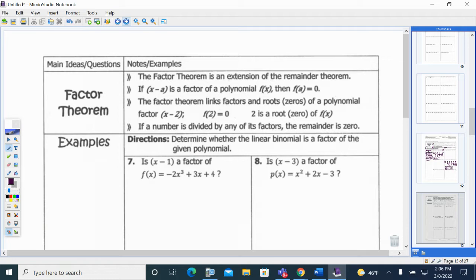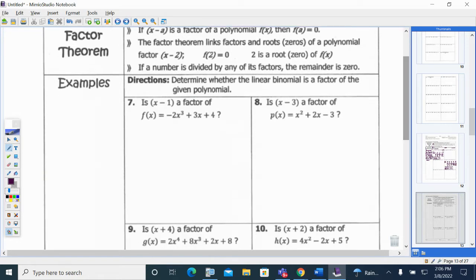If I said 4 is a factor of 12, the reason why is because 12 divided by 4 goes evenly with no remainder. 12 divided by 4 is 3. So if things are truly a factor, they divide in there evenly with no remainder. So what I'm looking for when I use my factor theorem is, is the remainder 0?